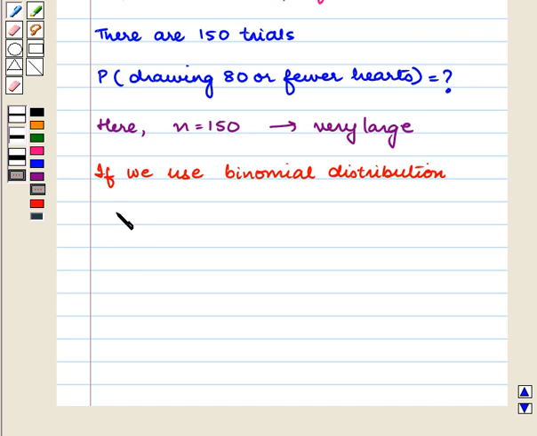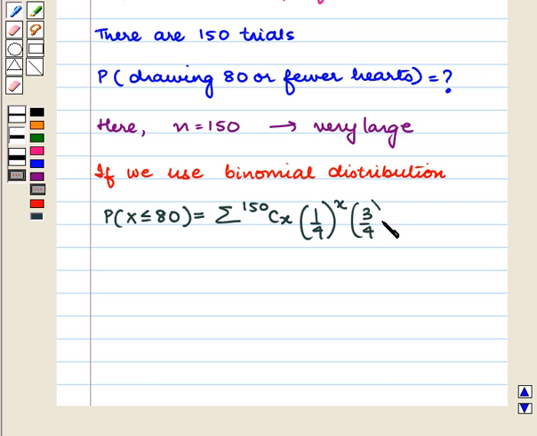If we use binomial distribution, we get probability of x less than or equal to 80 is equal to the summation of 150Cx (1/4) raised to power x into (3/4) raised to power 150 minus x for x equal to 0, 1, 2 and so on till 80.